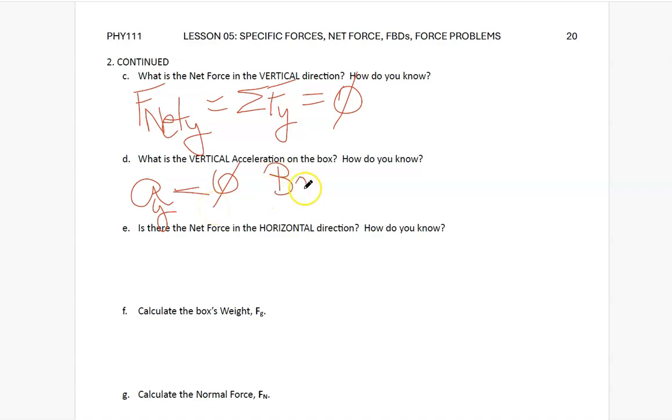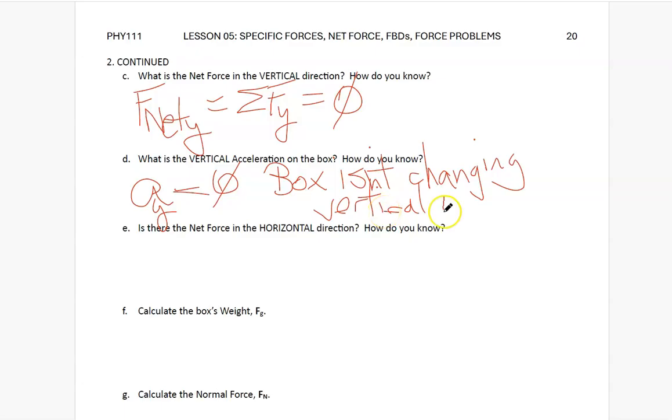Because the box isn't changing vertical motion. In fact, it's not moving at all vertically. I said movement before, motion means the same thing. And that answer really covers this answer as well. These two always go hand in hand.